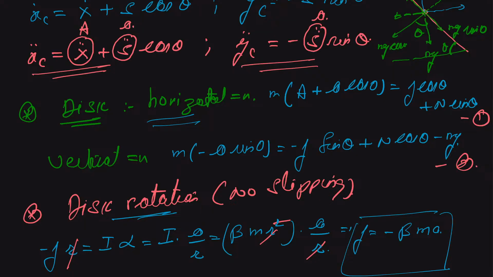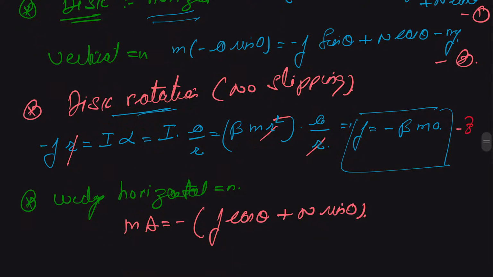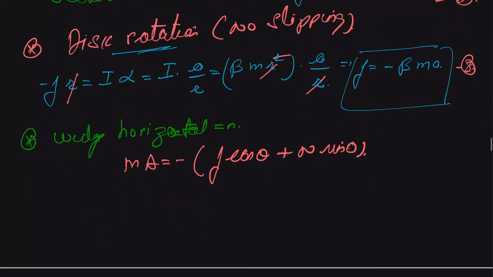And the friction equation, let us call this equation number 3. And finally we have equation number 4. So we are going to use these 4 equations and solve for small a as well as our capital A.